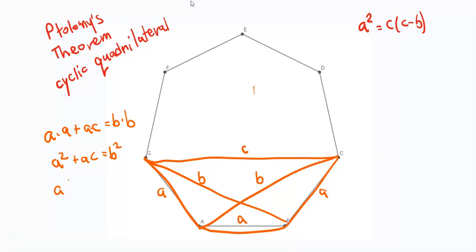So we can factor out A: A times the quantity A plus C equals B squared. So that's our second one from that page.